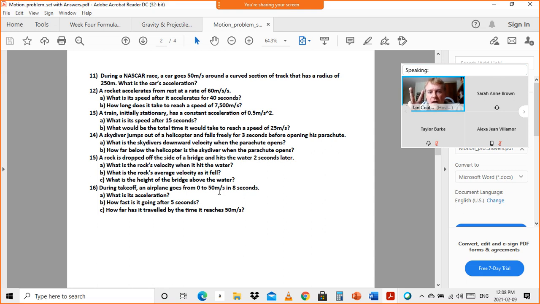I'm giving you the fact that it started from 0, and I'm giving you its new velocity. So when you see something is starting from standing, then that means that it's starting from 0 and it's going to here.